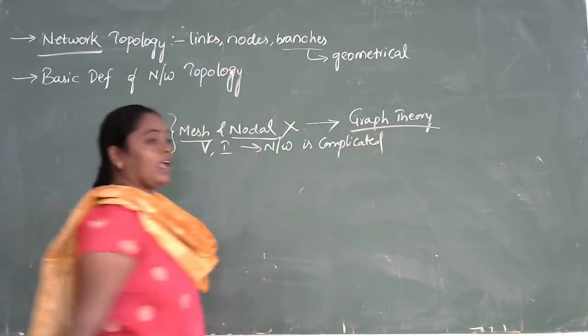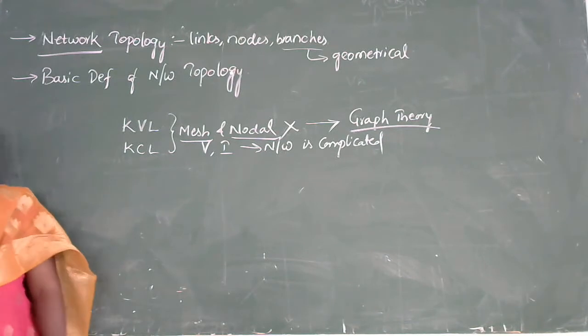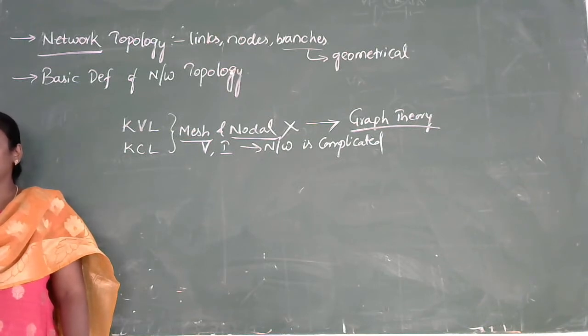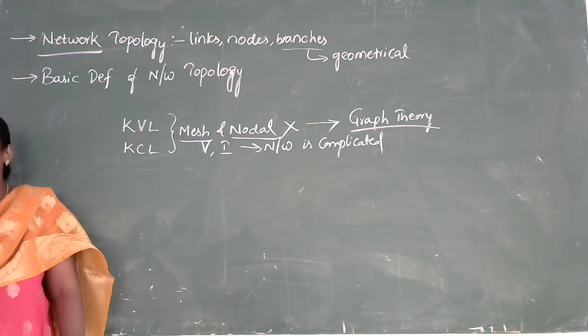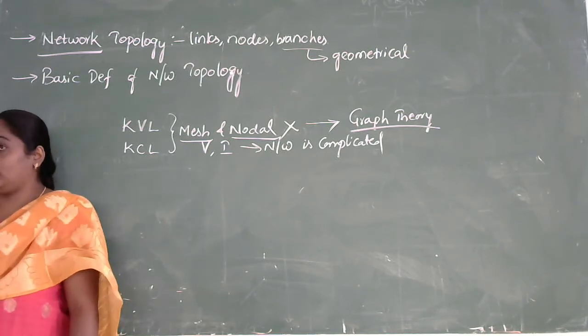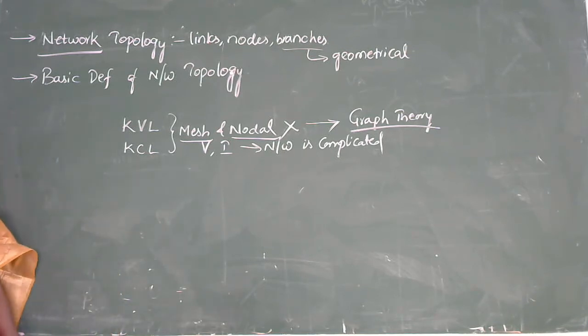Graph theory or network topology deals with the representation of all the active and passive elements in a geometrical manner. Meaning we are interested only in the geometrical pattern of the network rather than the physical structure of the network.